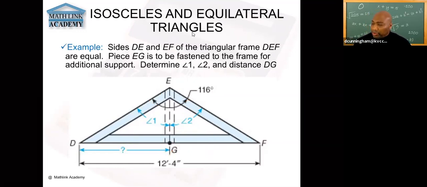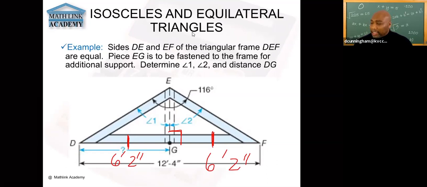Looking at this triangle, since this forms a right angle and the length is 12 feet 4 inches, by the property it divides this in half. So this side will be 6 feet 2 inches, and this side also will be 6 feet 2 inches.